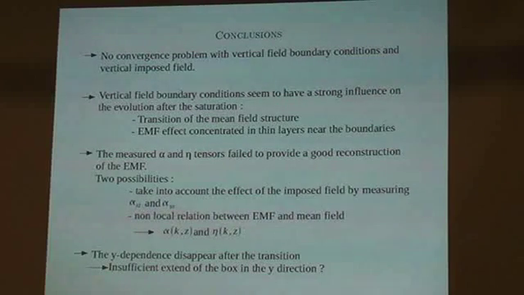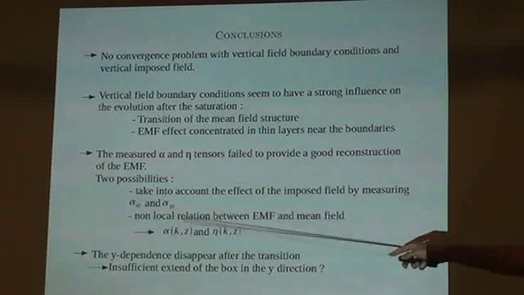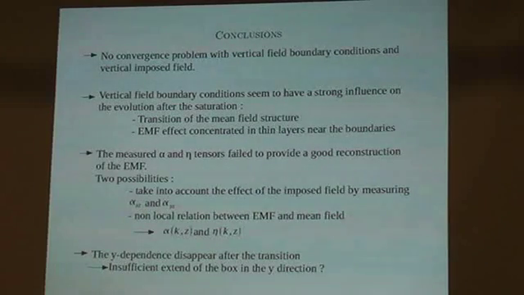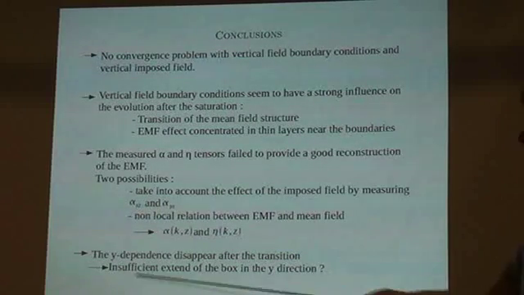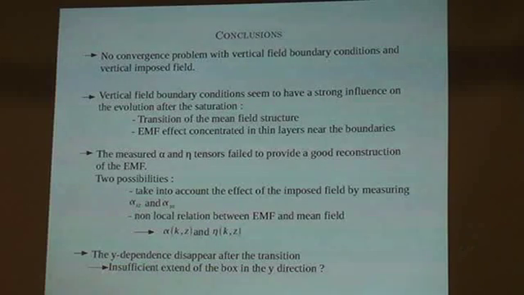And then the alpha tensor and eta tensor that I have measured failed to provide a reconstruction of the EMF. As I said, there are just two possibilities. This one seems to be not sufficient, but then it will be this. And last point, this thing with the Y dependence that disappears.